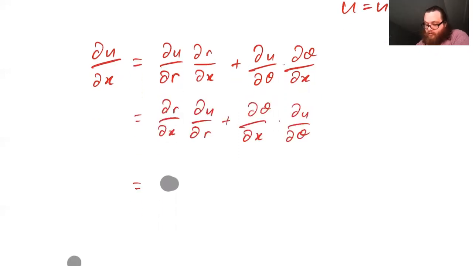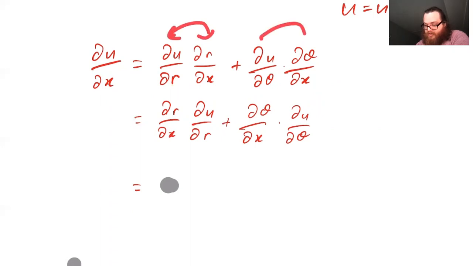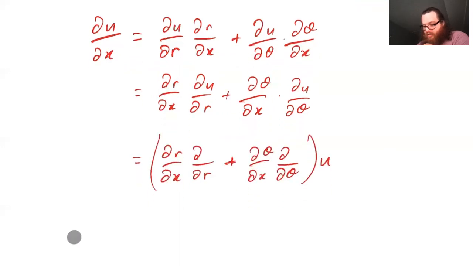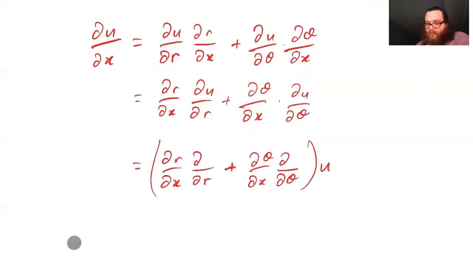What I did here was change the places of these two things, which may seem like not much, but we'll see why it's valuable in a second. So just switch the position of each of these terms, and now we're going to factor out this u.